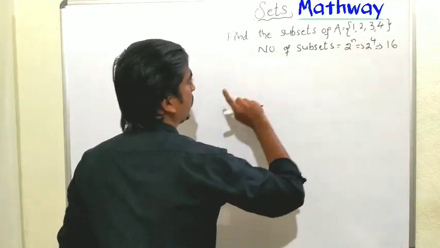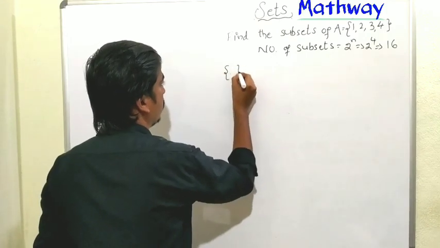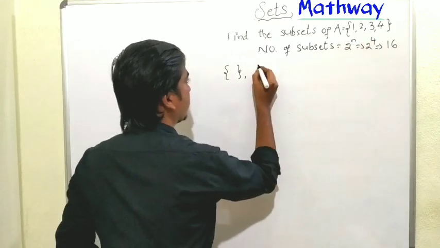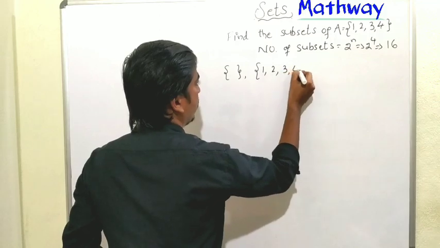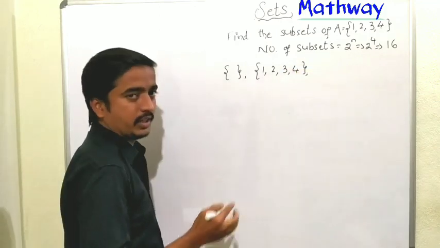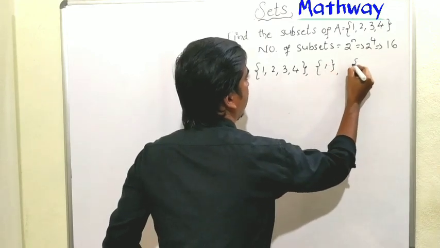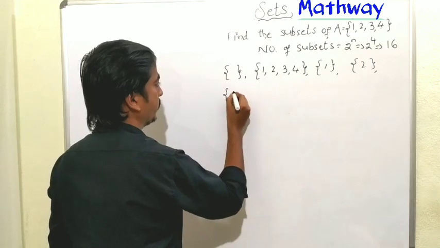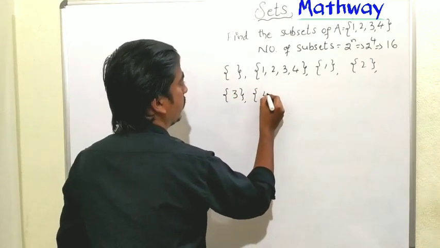Let's see what they are. First and foremost, an empty set is the subset of all the sets. So empty set. Next, the set itself is a subset. So take the set {1, 2, 3, 4}. Next, take the first element 1, second element 2, third element 3, and fourth element 4.